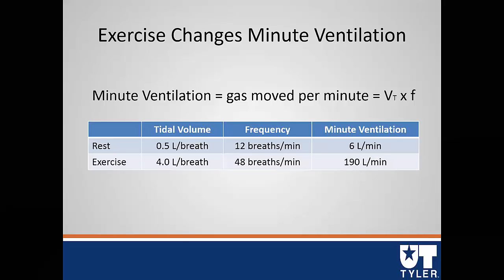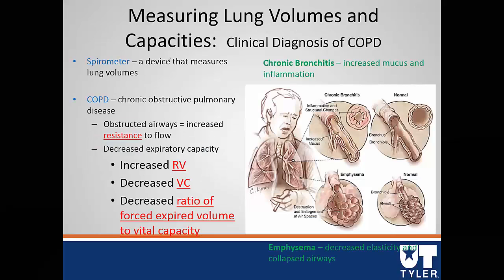So why do these lung capacities matter? Again, we can use this spirometer that measures lung volumes. COPD is the most obvious thing to talk about when we look at lung volumes. COPD, chronic obstructive pulmonary disease, causes an increased resistance in flow and ultimately causes a decrease in expiratory capacity.